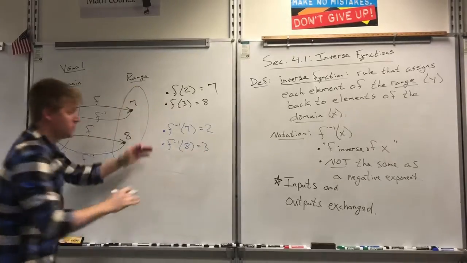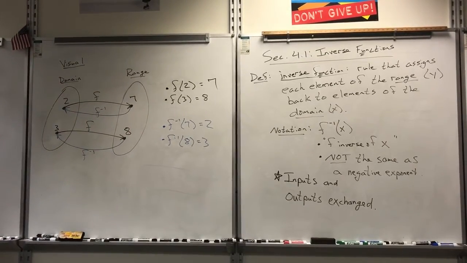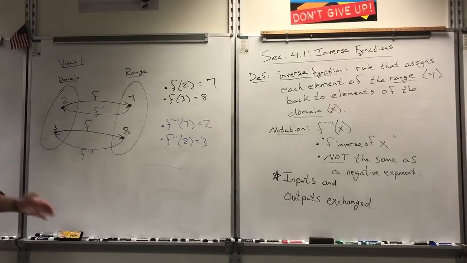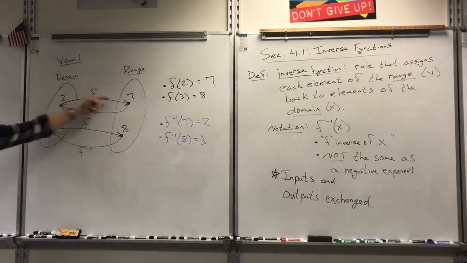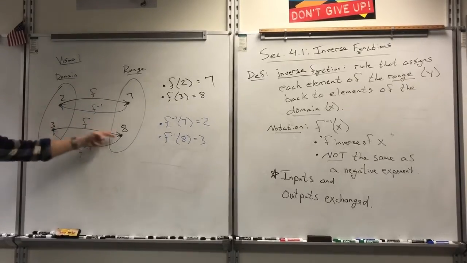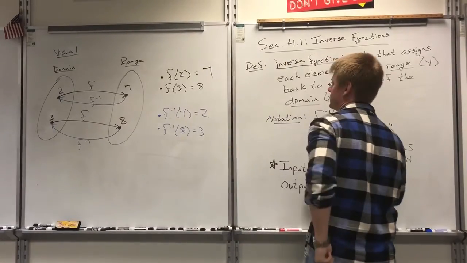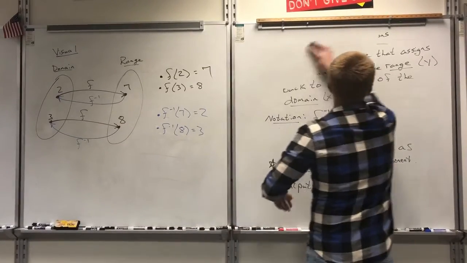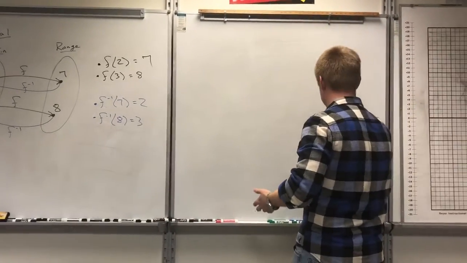If you compare top and bottom here, you can hopefully see it's an exact reversal of what we just did. The inverse maps the original output with its original input, and you can see it comes back full circle with each point. So again, the key idea: flipping x's and y's, exchanging inputs with their outputs. There are 2 key ideas we're going to see in this section.